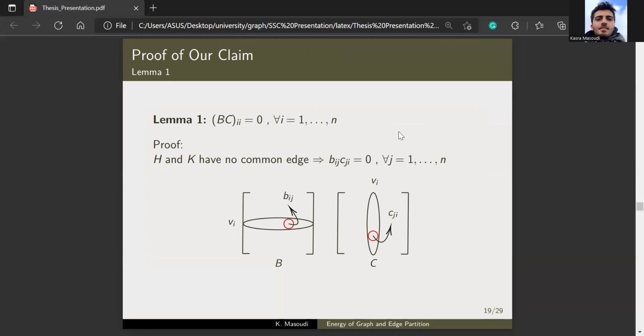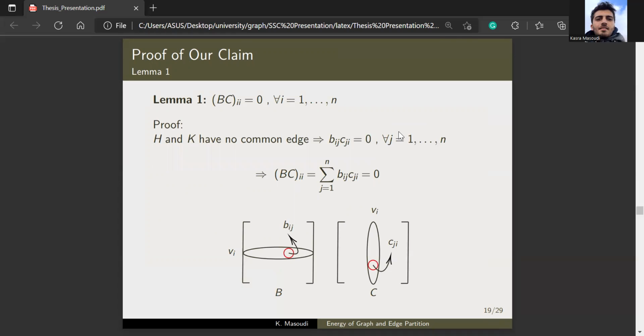And we know that C is a symmetric matrix, so Cij is equal to Cji. Hence, Bij Cji is 0 for all j between 1 and n. So as you can see, the ith diagonal entry of BC is 0 because all of the Bij Cji are equal to 0.